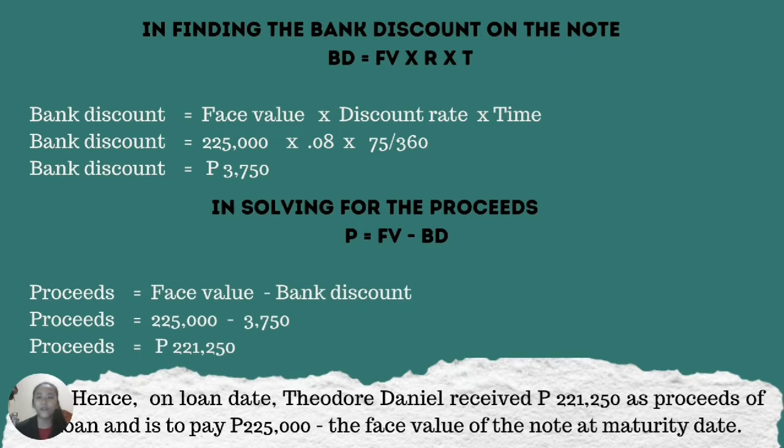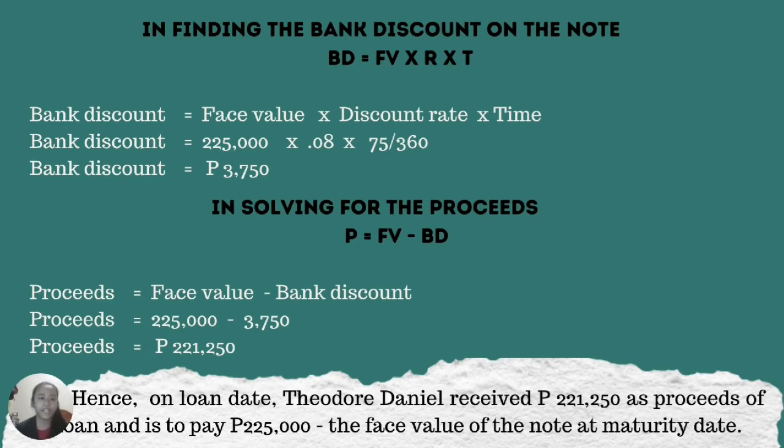Since we already have the formula, all we need is to input the values needed. In finding the bank discount on the note, we have the formula: bank discount equals face value times discount rate times time. Now let us substitute the given values: 225,000 times 0.08 times 75 over 360, which gives us a bank discount of 3,750.